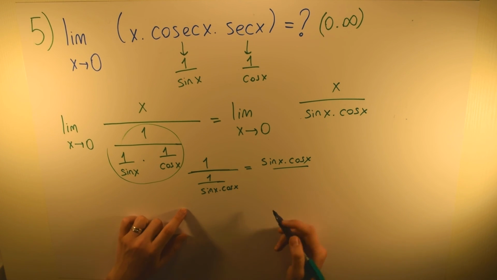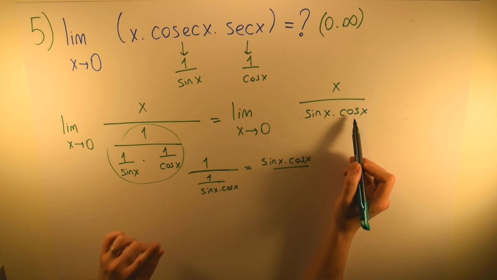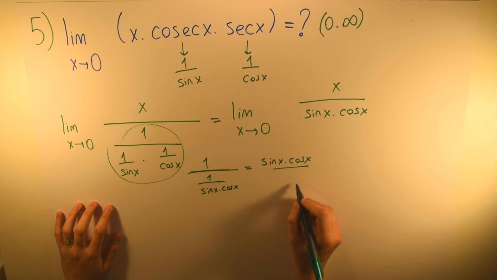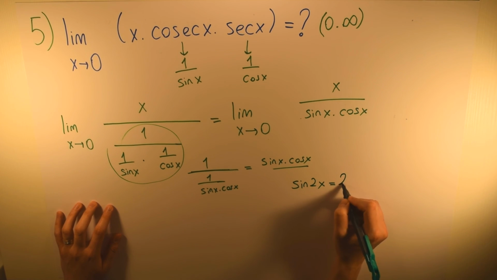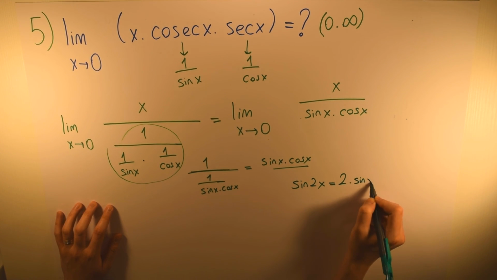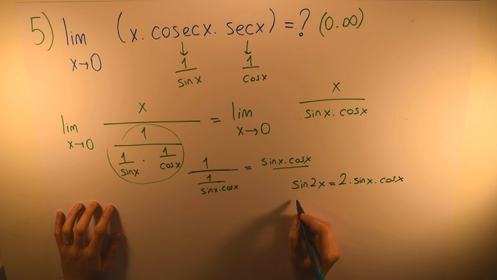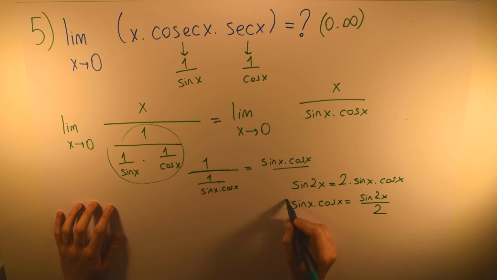Now here, when you see this sine x times cosine x, you should remember trigonometric identities. And for this one especially, you should remember sine 2x. Sine 2x is equal to 2 times sine x times cosine x, right? So from here, we know that sine x times cosine x is equal to sine 2x over 2.